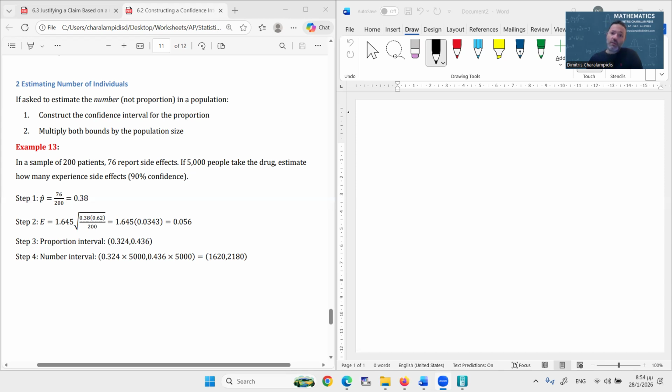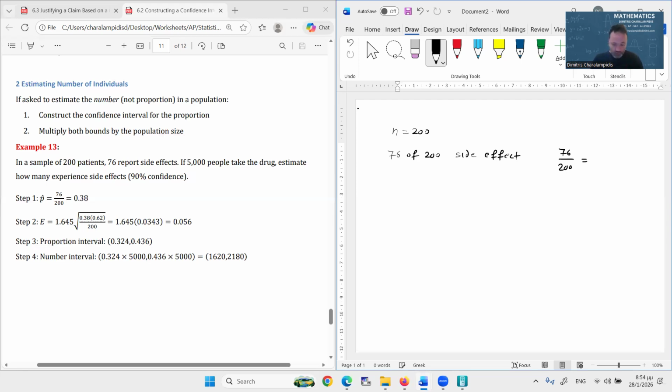Let's assume that I used a sample of 200 patients, and I saw that 76 of them reported a side effect on a specific treatment. This 76 of 200 creates the sample proportion.